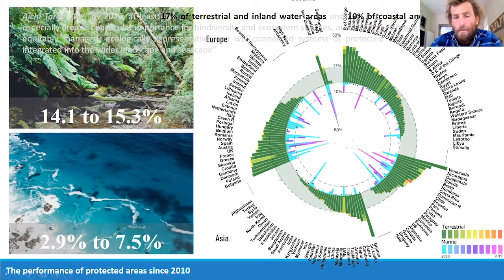So still quite a few nations that are falling short of that 17%, a few that have met it, some have exceeded it. And in the marine realm, these little asterisks notify landlocked countries. Again, similar pattern, some doing really, really well, and others that are falling short.